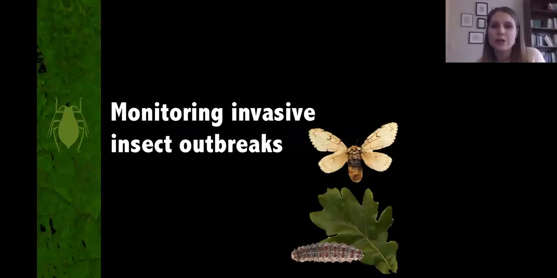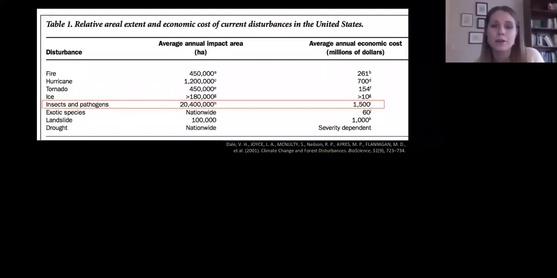We're also very interested in using the same sorts of time series data for monitoring invasive insect outbreaks. And so there's been a very long history of using Landsat for monitoring damage caused by invasive insect pests. Pests cause a great deal of damage in the US every year.